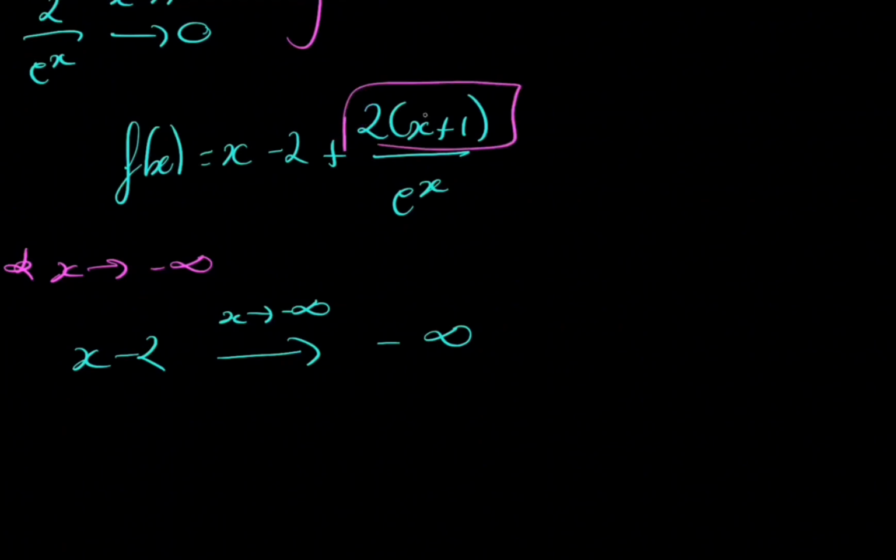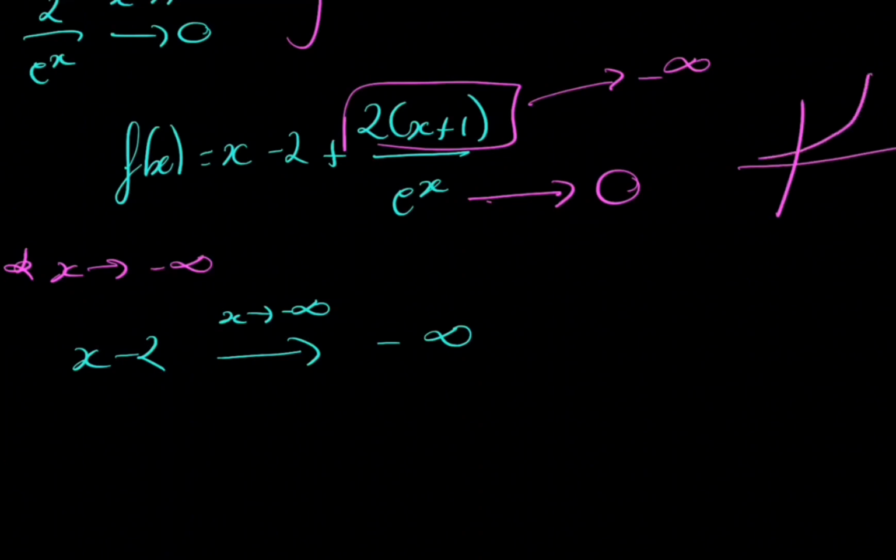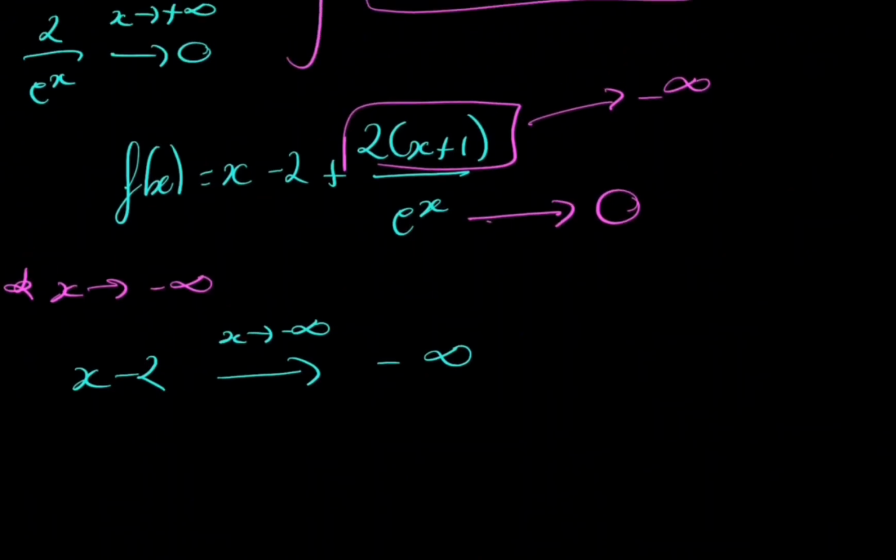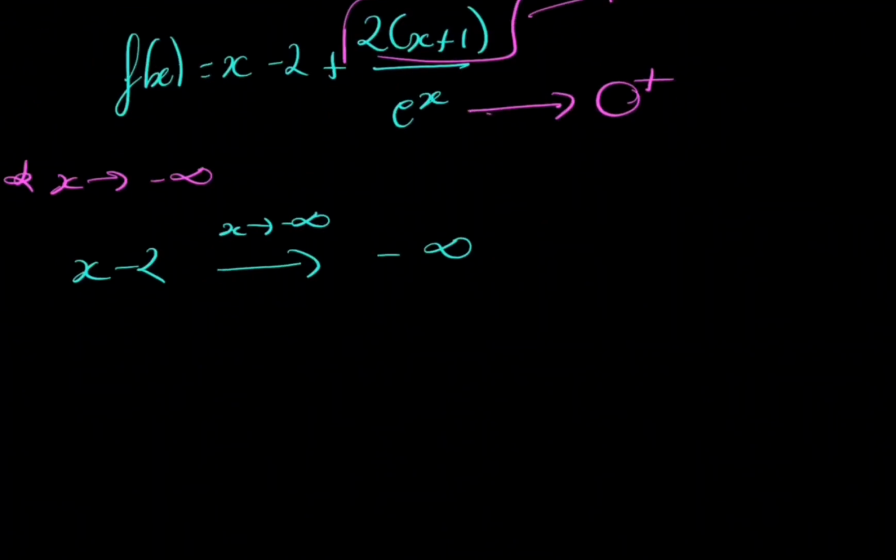Minus the infinity, the 1 doesn't matter, 2 is positive, so it still tends to minus the infinity. And the denominator will tend not to minus the infinity, but to 0, because exponential of x tends to 0 in minus the infinity. So be careful: minus the infinity over 0 plus, so that's still negative.